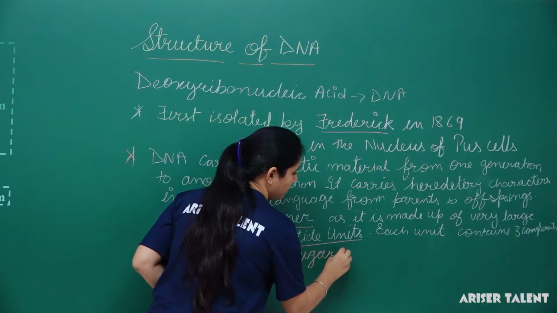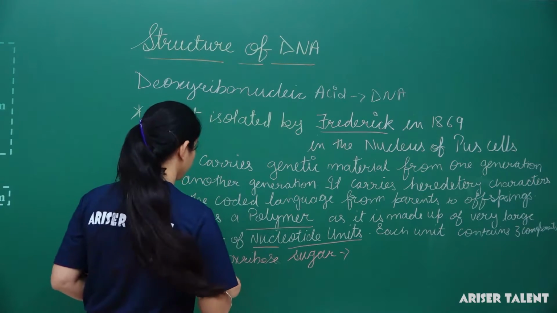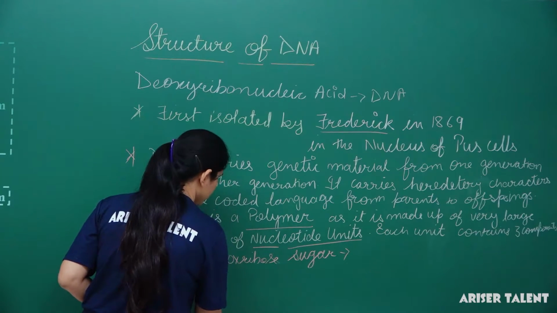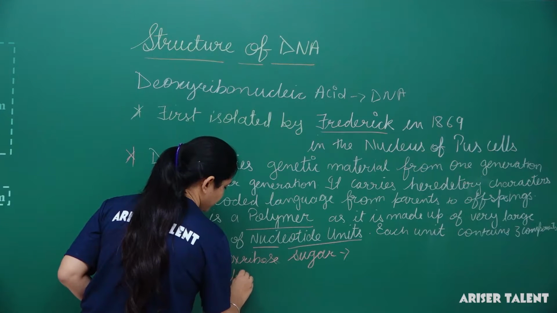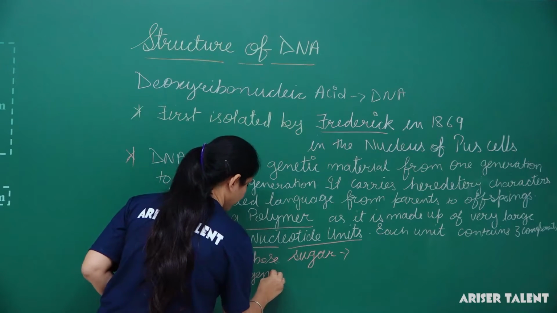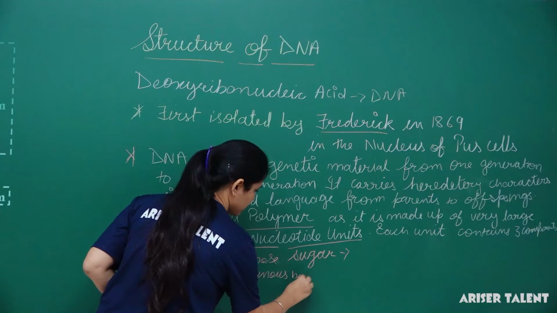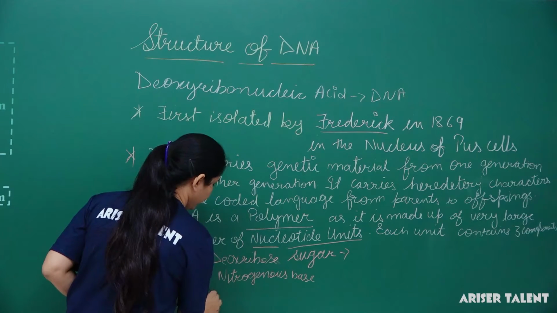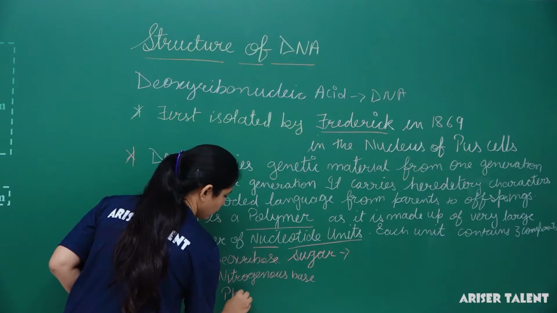Actually, it is the pentose sugar. Fine. Then it is made up of nitrogenous base. And third component is phosphorus group.